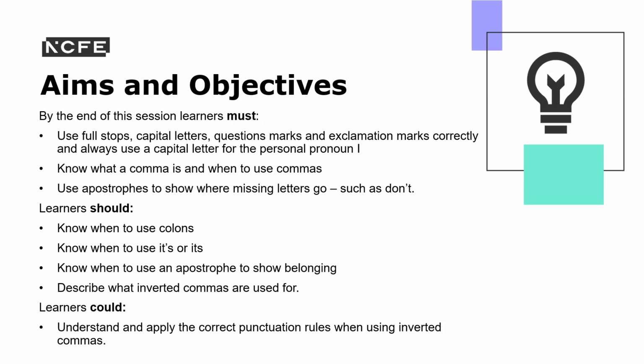Learners should know when to use colons, know when to use its or it's, know when to use apostrophes to show belonging, and describe what inverted commas are used for. Learners could understand and apply correct punctuation rules when using inverted commas. So quite a lot to get through.